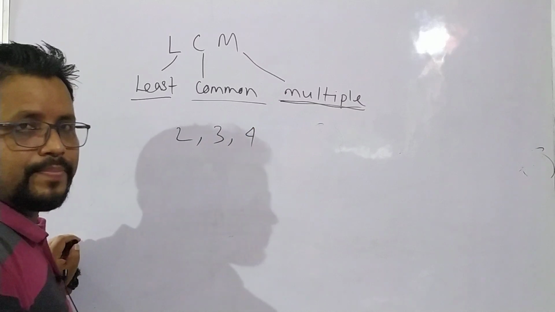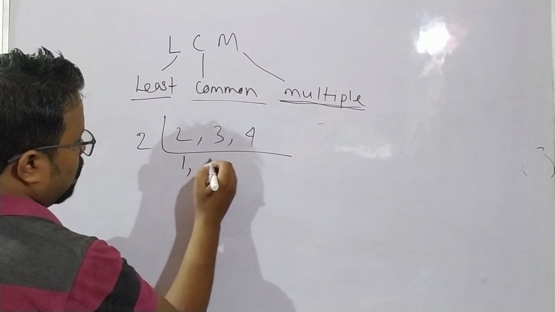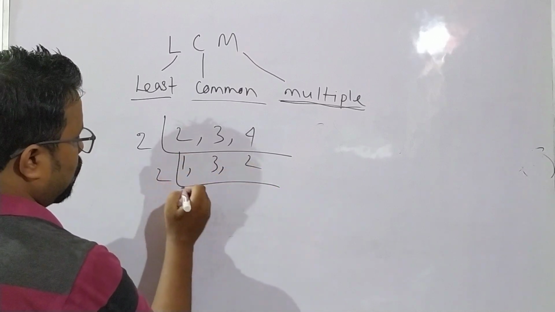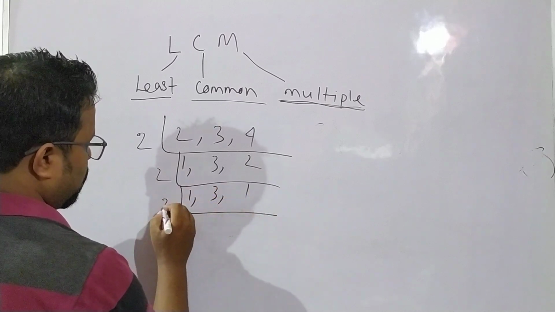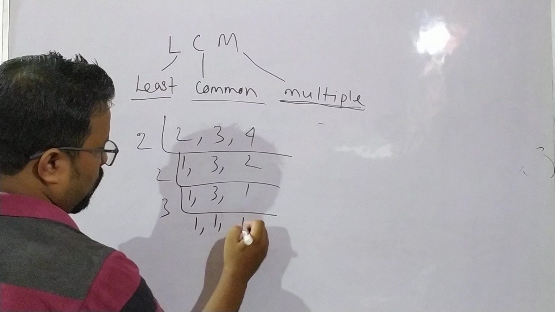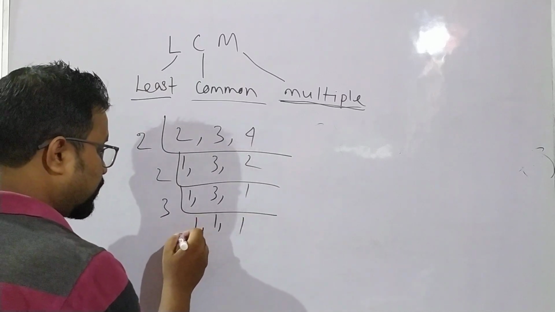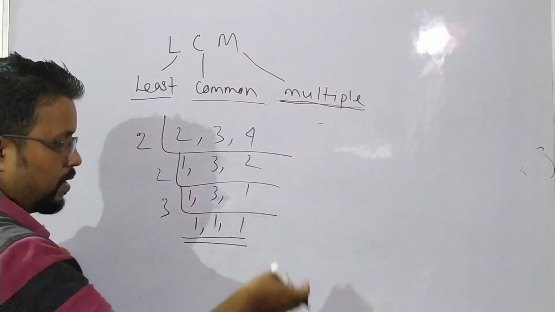How will we do it? Divide by 2: 1, 3, 2. Again divide by 2: 1, 3, 1. Again divide by 3: 1, 1, 1. Until we get 1 here, we must carry on.